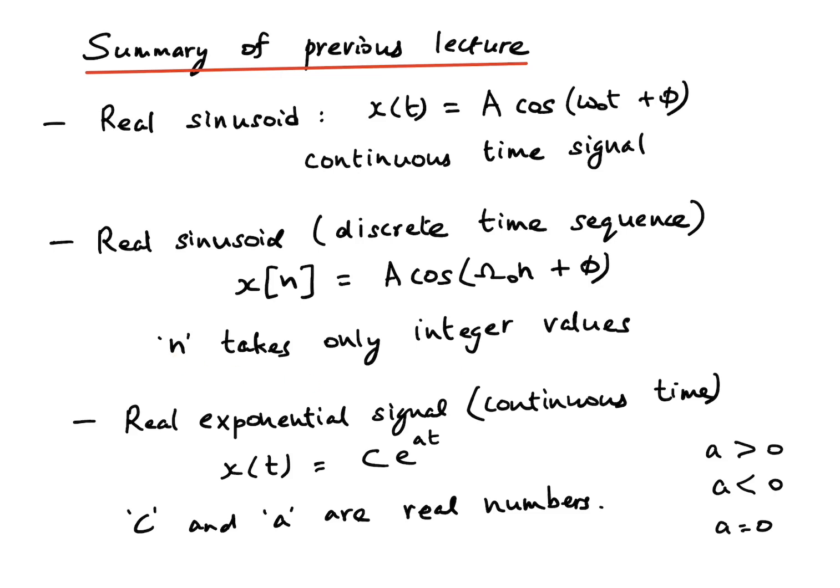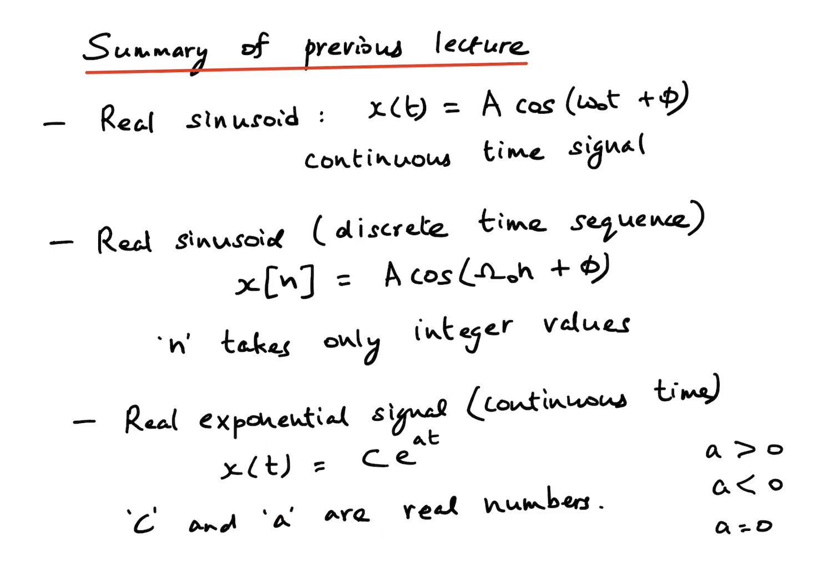Then we also discussed the real exponential signals. Again, we saw both types, the continuous time exponential signal and the discrete time exponential signal. The general form of the exponential signal is x of t equals c e power a t, where, when c and a are real numbers, we get a real exponential signal.